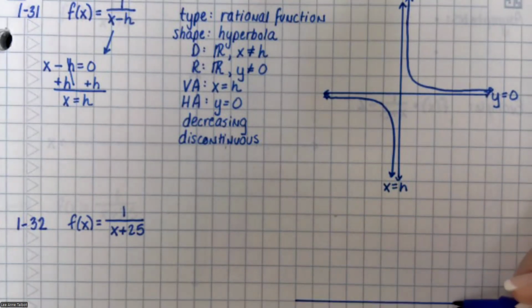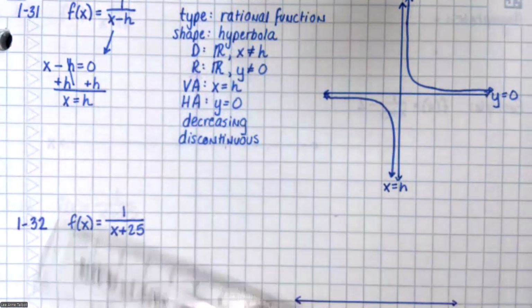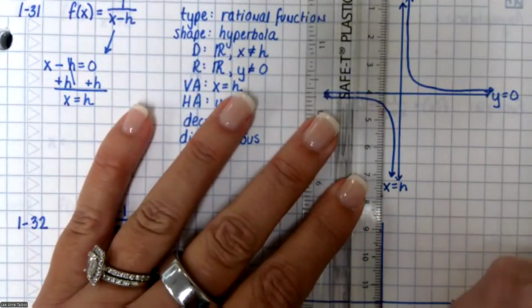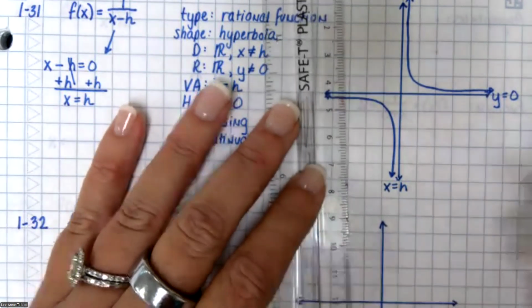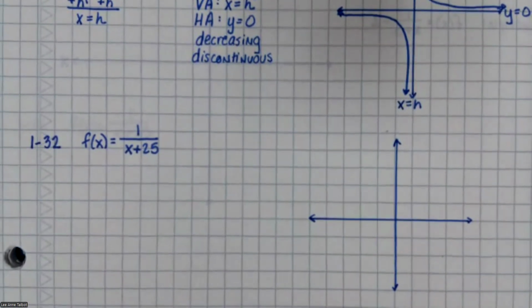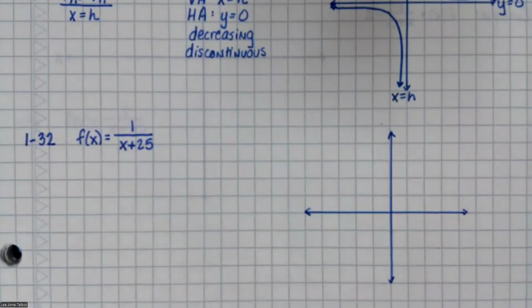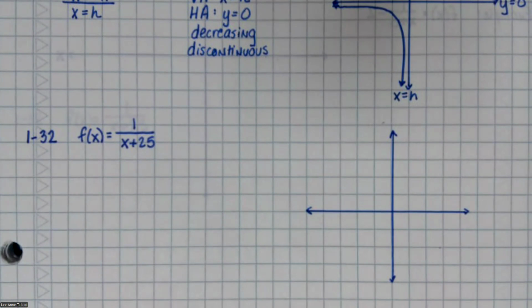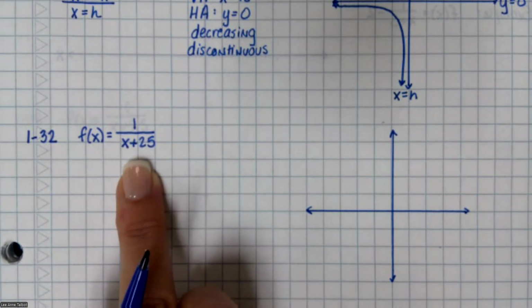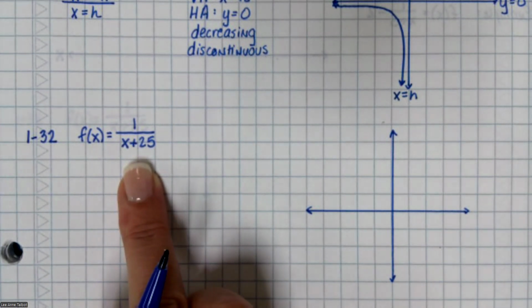Since I'm going to do two colors, this is going to be my original color, and I'm just going to make axes, but I'm not going to put a scale on there. Okay, now we're going to repeat everything that we did in number 31, but we're going to keep in mind that now we have a number in here, which is 25 instead of h.